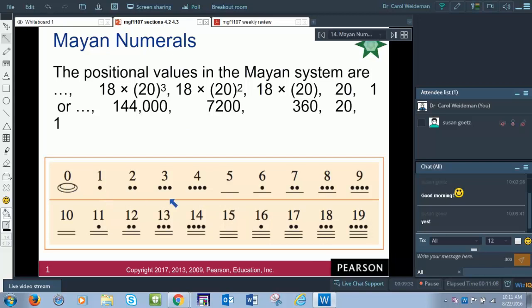And if you notice here, they go 1, 2, 3, 4, and then they add a horizontal line, and they start again 5, 6, 7, 8, 9. There's actually a nice pattern to this. Then they have 2 horizontal lines for 10, add the dots above, and then 3 lines for 15. So there's a nice patterning to the way the symbols are put together. But importantly, there's that 0, which is really, really helpful.